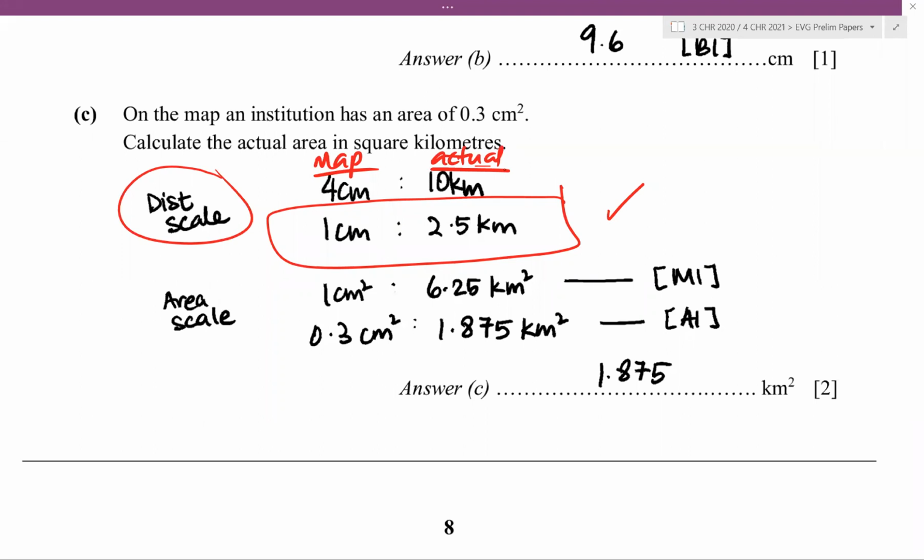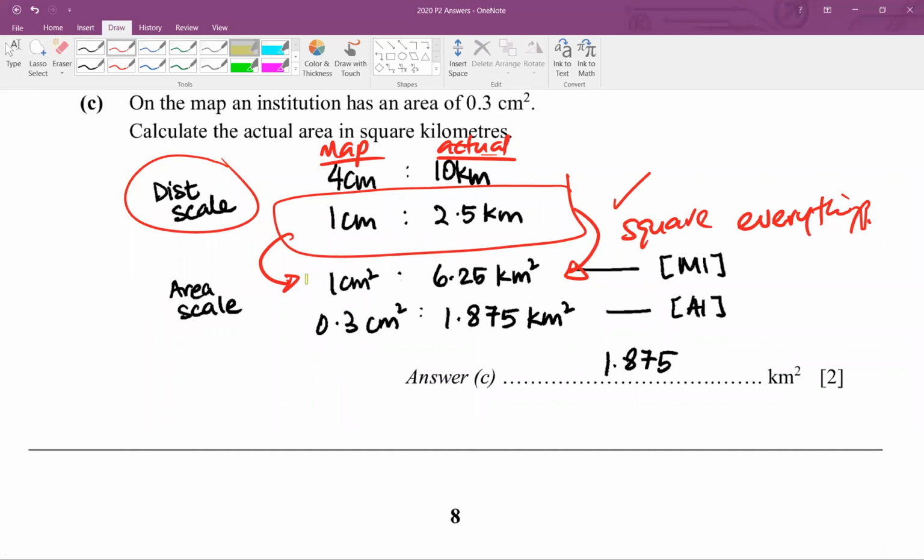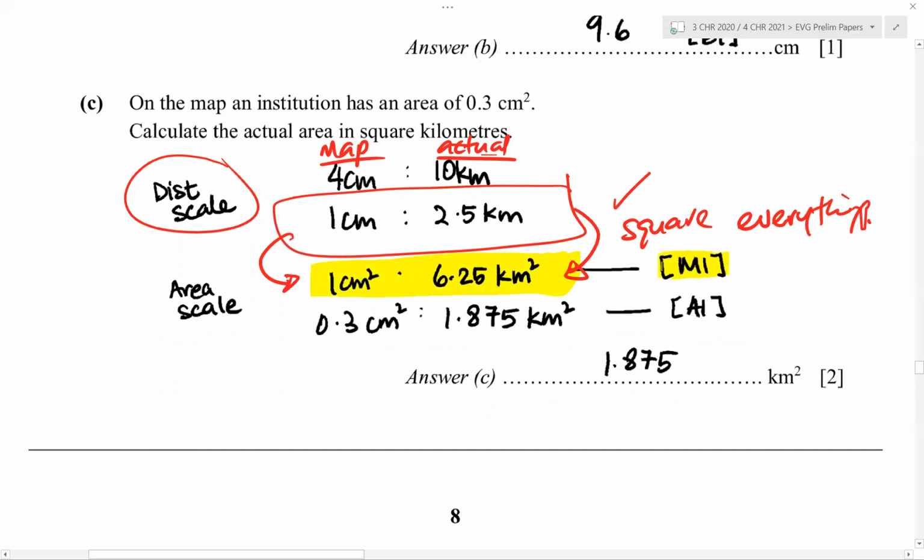Okay, so next, to go to the area. Square. So this is your 1 method mark. The area scale gives you 1 method mark. From the yellow highlighted part, do you know how to go to the next step?